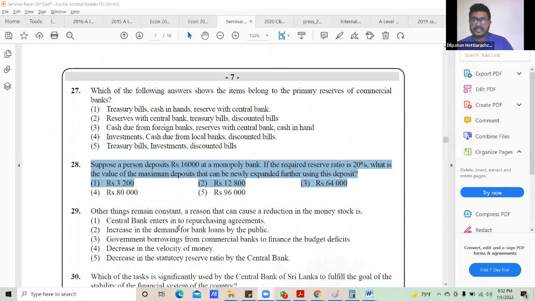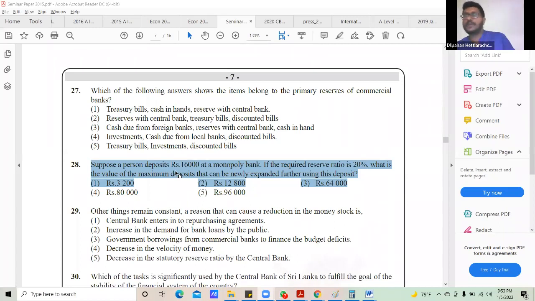So it's the same pattern, but there is a new thing to learn. Monopoly bank. So the monopoly word is there in the 5th lesson, production cost and market structure. What is this monopoly bank? Here, a monopoly bank is not a single bank. Yes, it is a single bank, that's true.